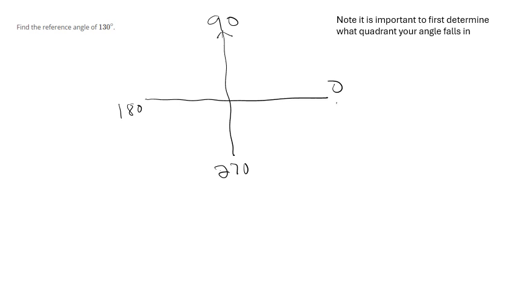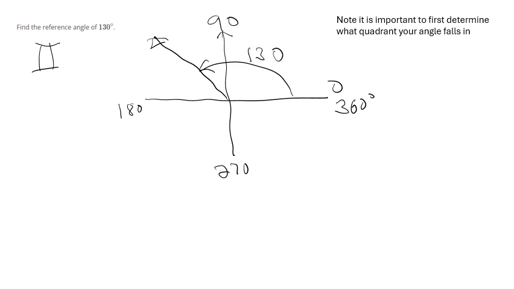So I have all these memorized, and again, 360 comes into play. 130 lies somewhere up in here. 130 lies in the second quadrant, quadrant 2. So this is 130. Well, here's the smallest angle the terminal side makes with the x-axis. Okay, smallest positive angle.